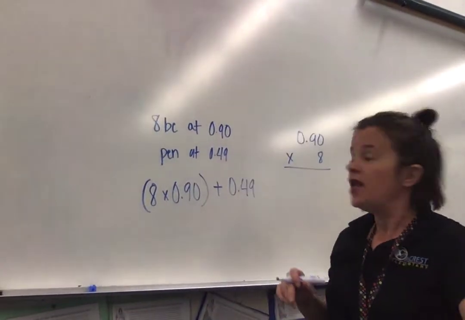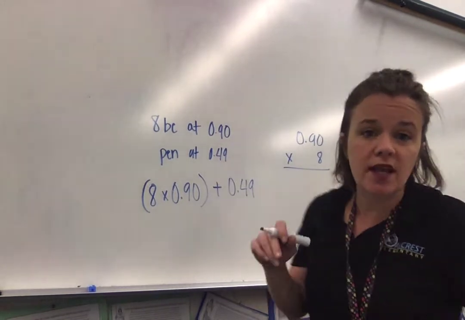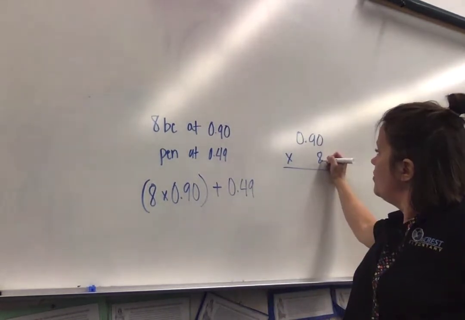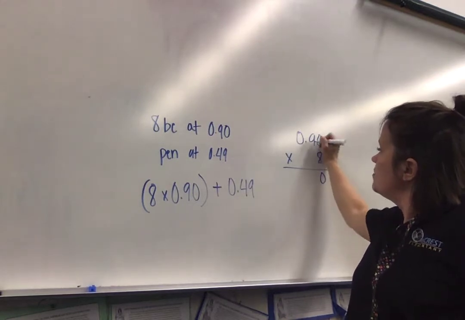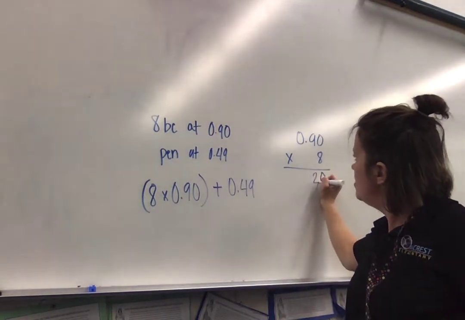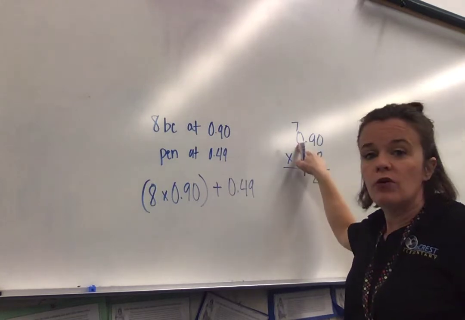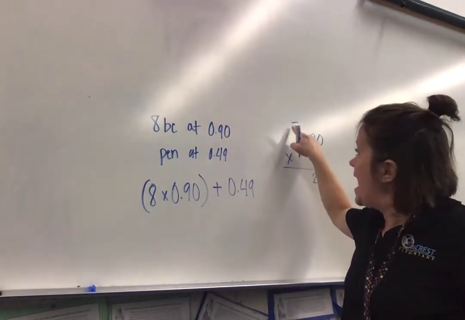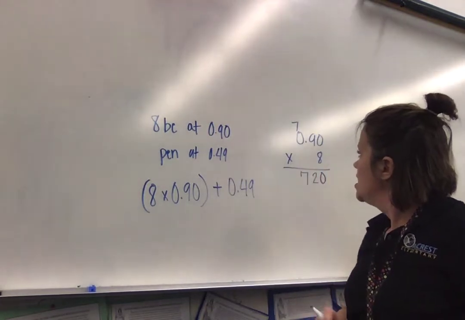I just ignore it and I multiply like normal. So I'm going to say 8 times 0 is 0. 8 times 9 is 72. So I'm going to put my 2 down here. I'm going to carry my 7 up here. And then 8 times 0 is 0, but I add this 7. So I'm going to have a 7 here.